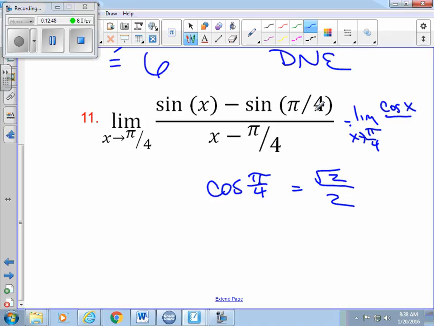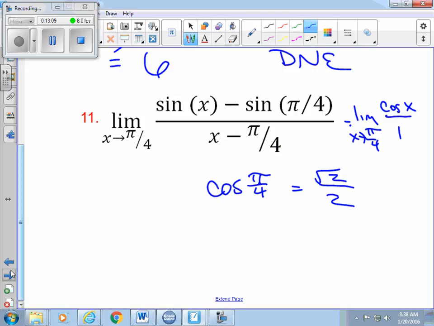What's the derivative of sine of pi over 4? It's almost a trick question. Why is it 0? Because sine of pi over 4 is a constant, so the derivative of a constant is 0. And over 1 minus 0, then you plug in pi over 4, you land in the exact same place.